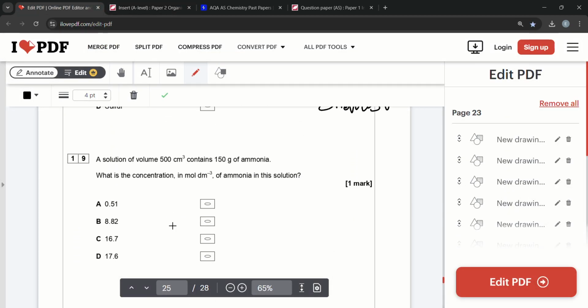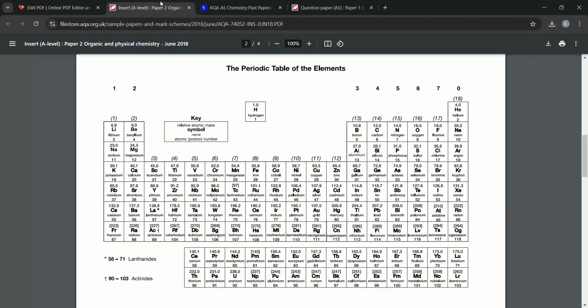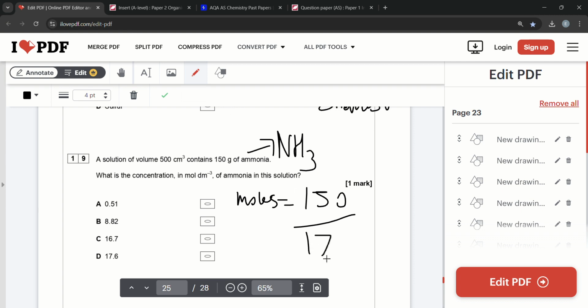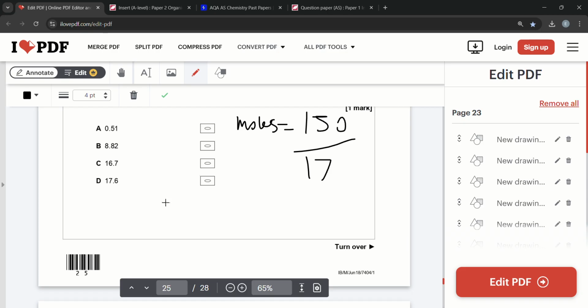A solution of this contains this much ammonia. What's the concentration? Concentration is moles divided by volume. So we need to do moles, which is mass 150 divided by Mr. Ammonia, NH3, should know that. So it's going to be 17. And then actually you don't need to put it in a calculator yet.